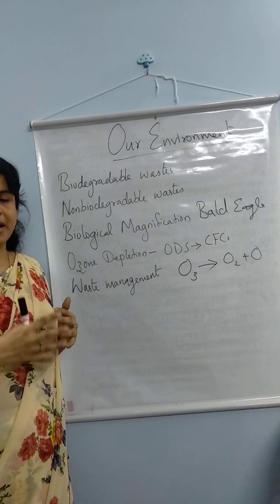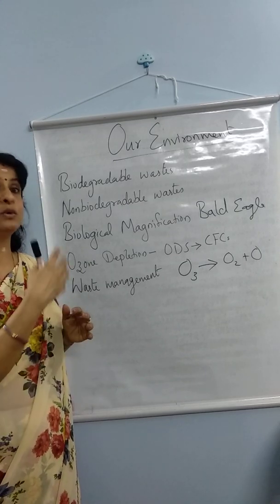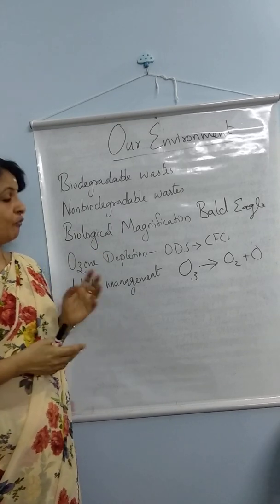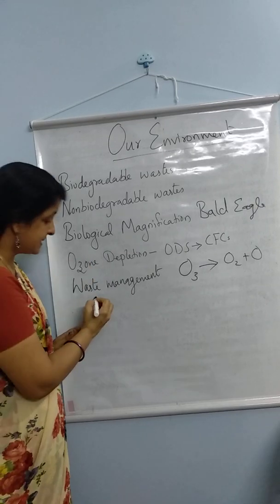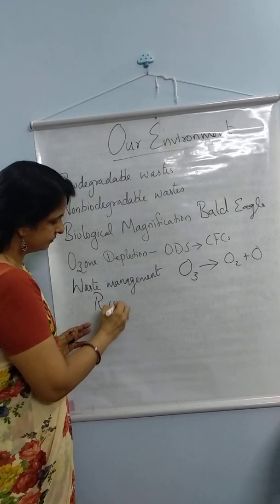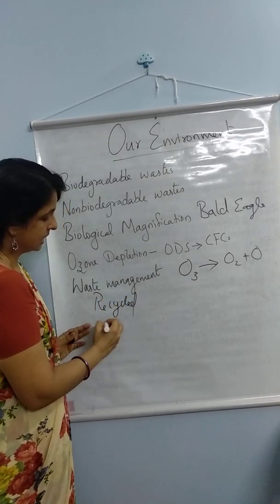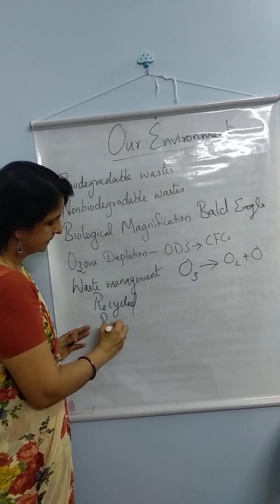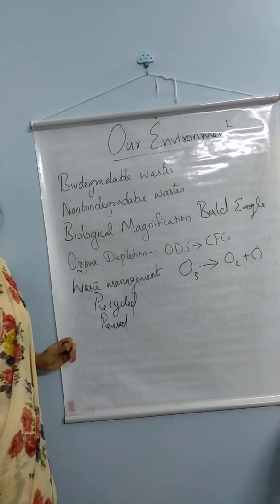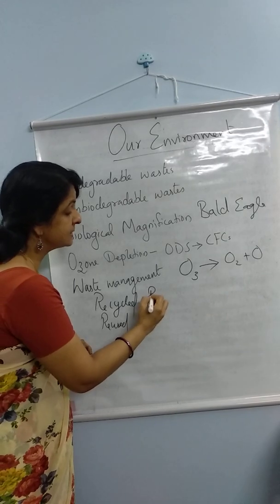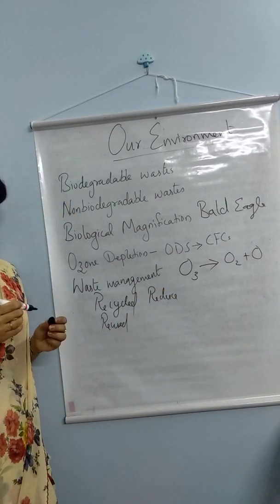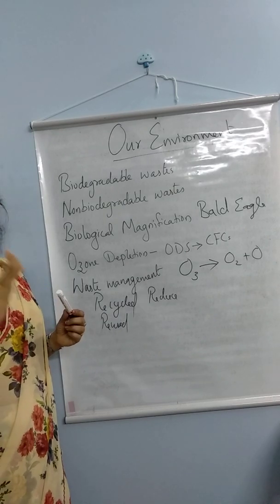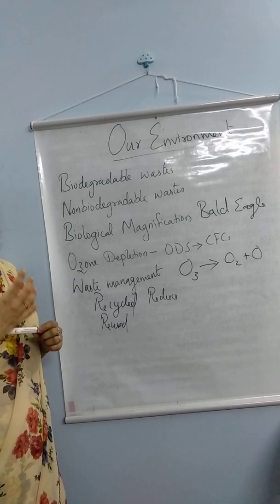Biodegradable type should be made into compost and can be used as a manure, whereas non-biodegradable ones should be recycled, reused, അല്ലെങ്കിൽ എന്ത് ചെയ്യാം, we have to reduce their use. ഈ മൂന്ന് വഴി we have to manage the waste, that is non-biodegradable waste.